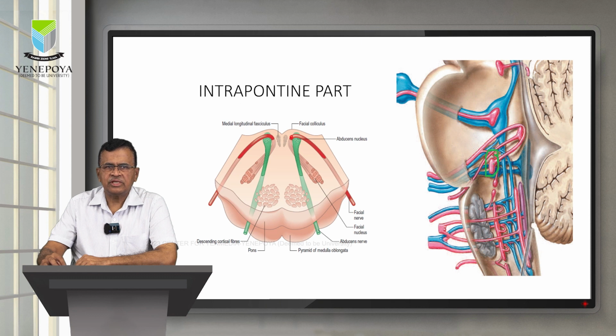This abrupt curvature is called the internal genu of the facial nerve, which produces an elevation in the floor of the fourth ventricle called the facial colliculus.